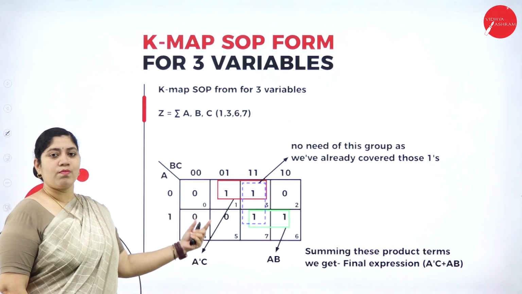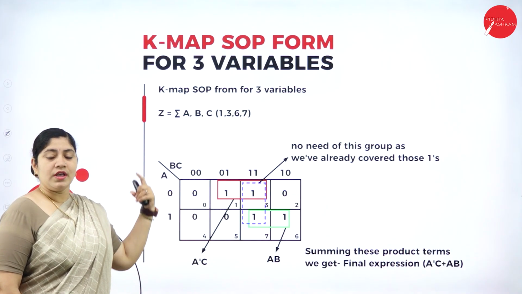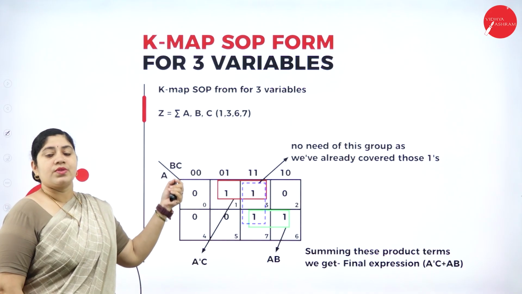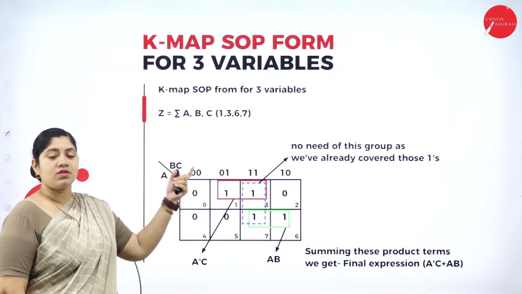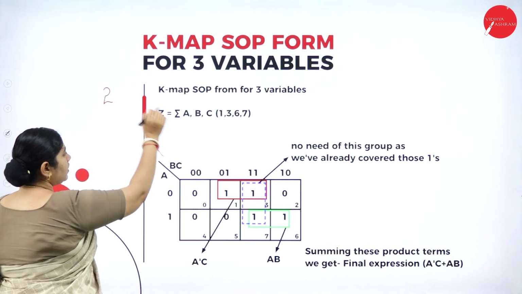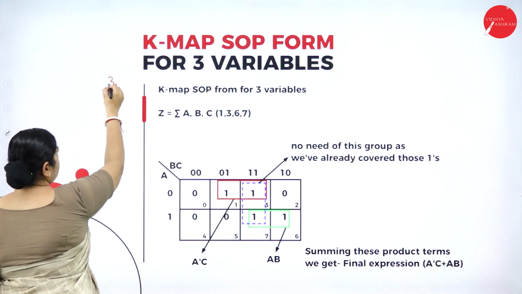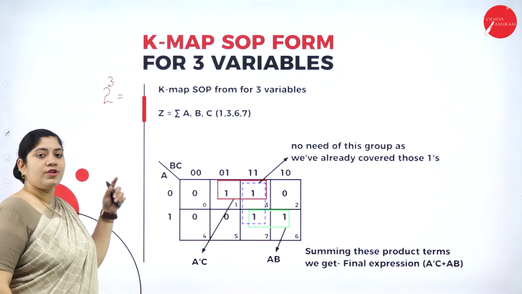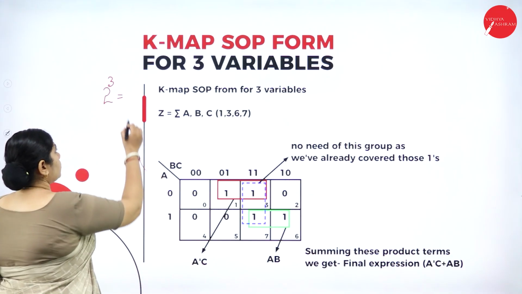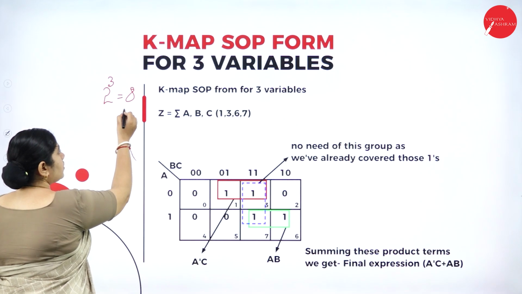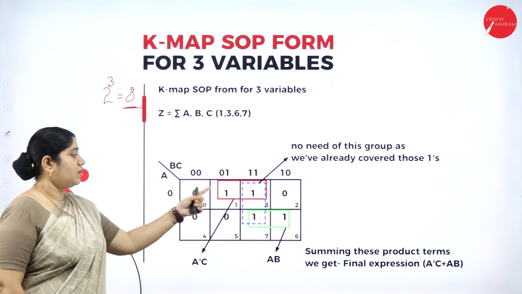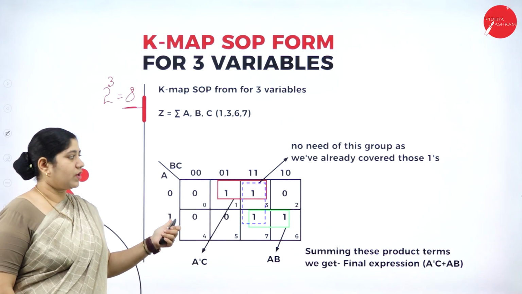What is the number of boxes that we have to draw for a 3 variable K-map? That depends completely on the number of variables. If I have 3 variables, then the number of boxes will be 2 power 3. 2 power 3 is 2 2s are 4, 4 2s are 8. So we have to use 8 cells. Let's see here, we have 8 cells. Okay, that's done.